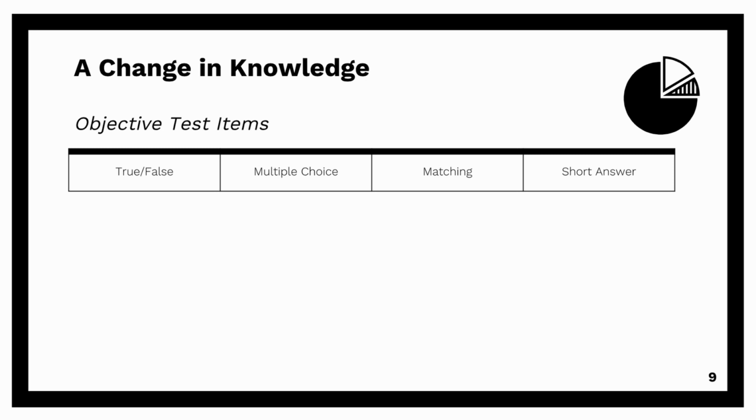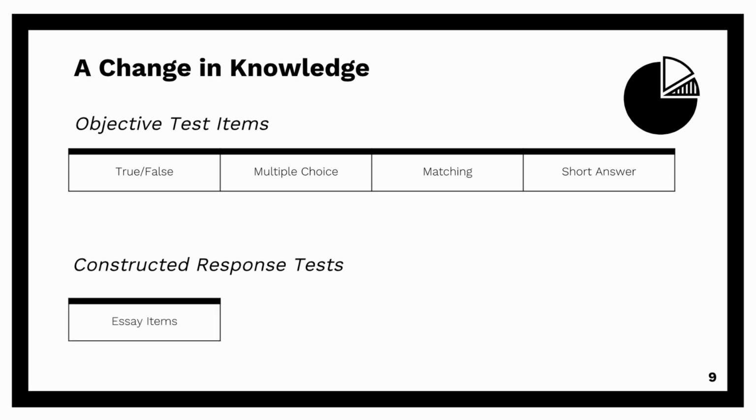These tend to have one correct answer. Constructed response tests are another way to measure a change in knowledge. These are usually conducted by essay items. One takeaway from this is that the measured item must be included in every essay response.